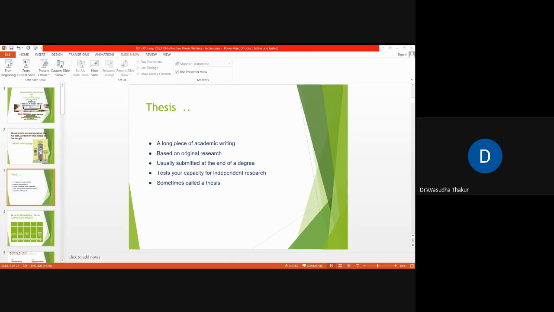The thesis is basically divided into three to four levels based upon the submissions.